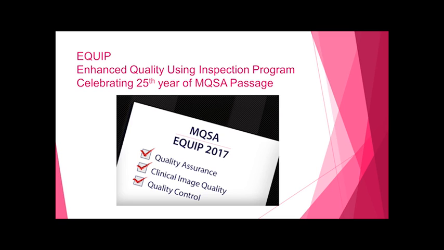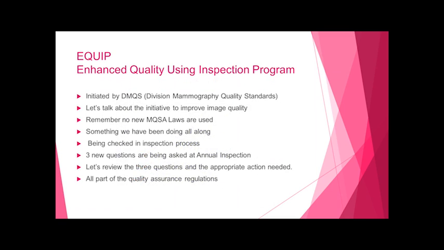There are 3 new questions being asked by your annual inspection personnel that work for the MQSA, usually state personnel. So EQUIP was initiated by DMQS, which is the Division of Mammography Quality Standards. We're going to talk about the initiative and how to improve image quality.